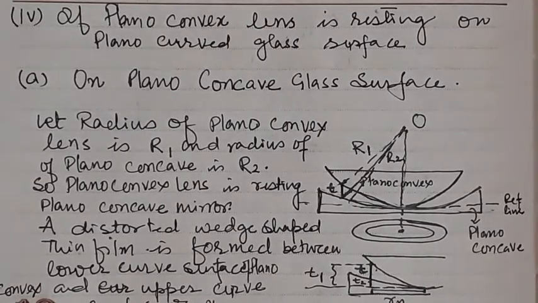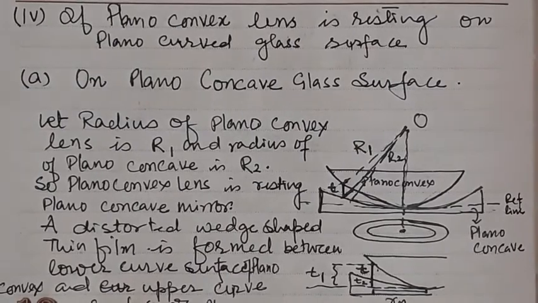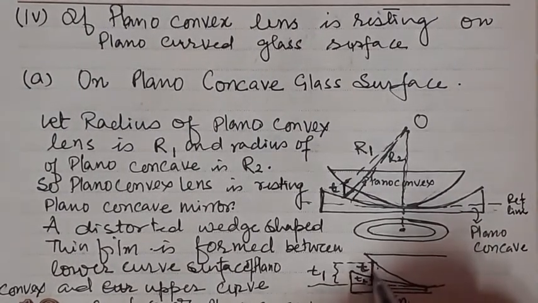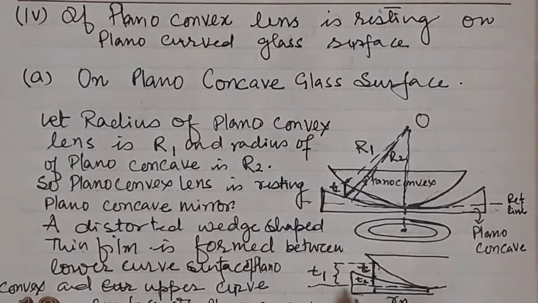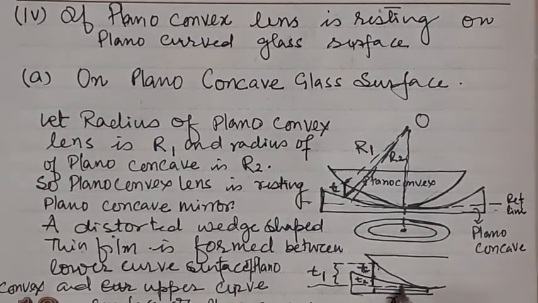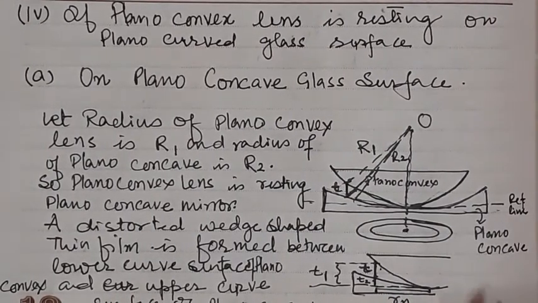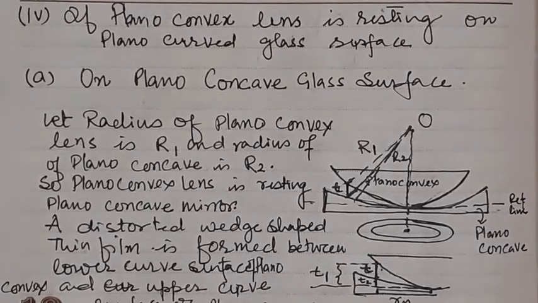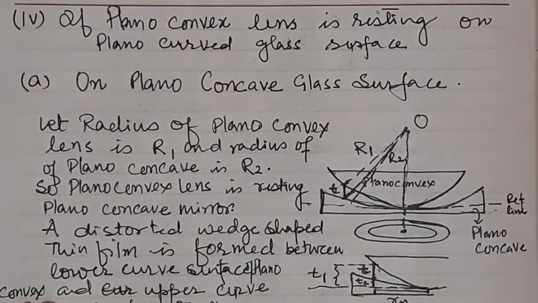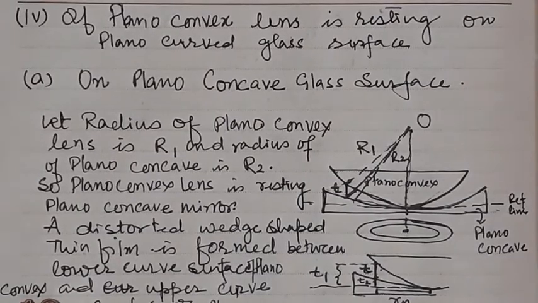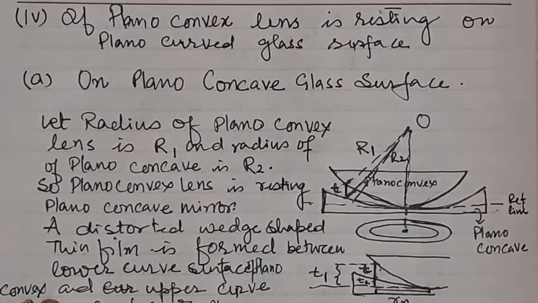If you look at any point, the thickness of the film is defined as T, this one, and we have a reference line which is touching the contact point. So we have a relation for T, T1 and T2.